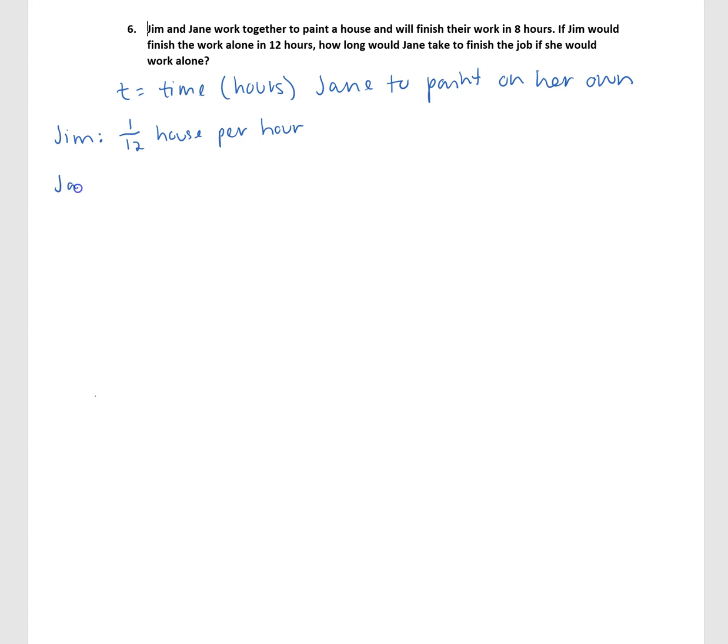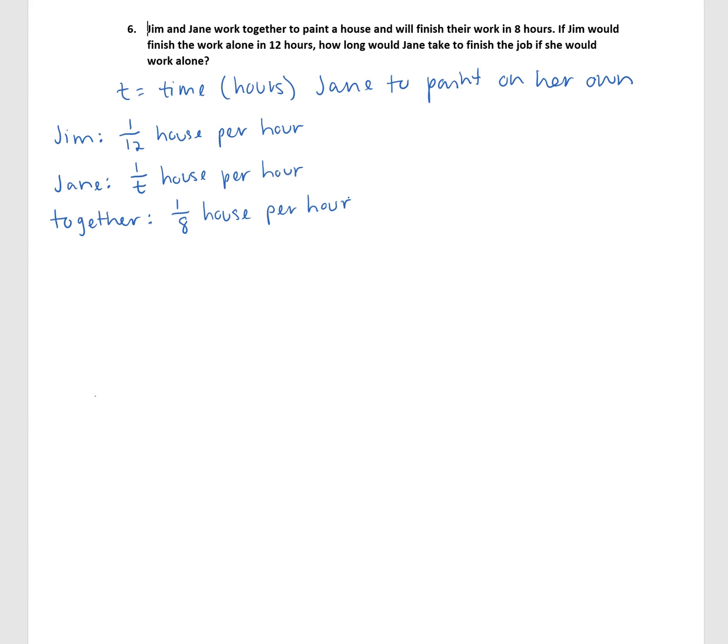For Jane, we don't know how long it would take her to finish, but we know that her speed can be represented by 1/t of the house per hour, because then she'd finish the entire house in t number of hours. And we've been told that together they finish the work in 8 hours. So together they paint 1/8 of the house per hour. So it'd take them 8 hours to finish.